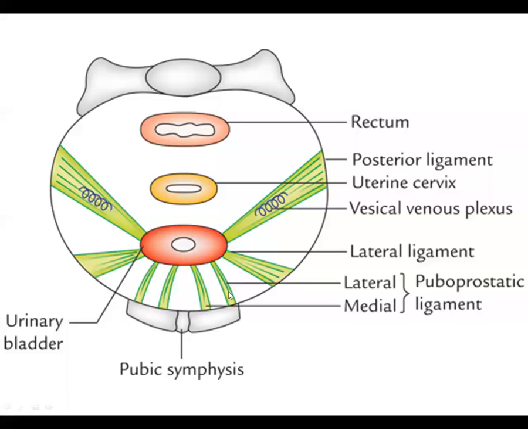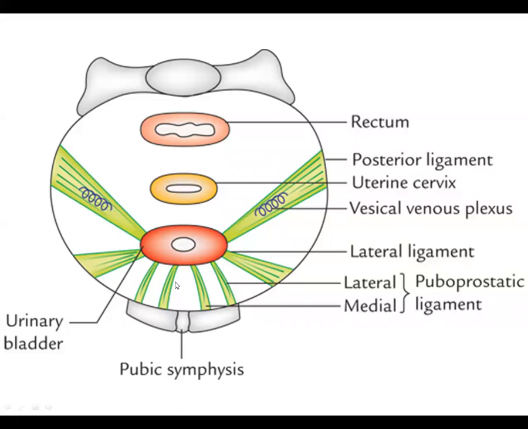The venous plexus, which drains the urinary bladder, lies in the posterior ligament, and is called the vesical venous plexus. So the medial and lateral puboprostatic ligaments, the lateral ligament, and the posterior ligament are the true supports of the urinary bladder.